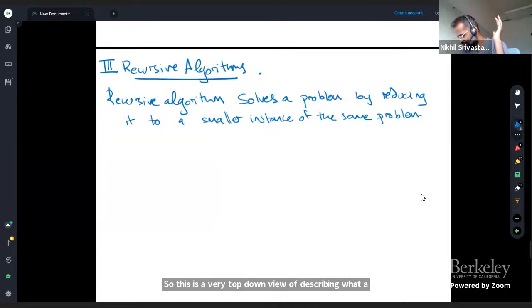And we've already actually seen a recursive algorithm in this course, namely the Euclidean algorithm. Okay, so recall, how does the Euclidean algorithm work?